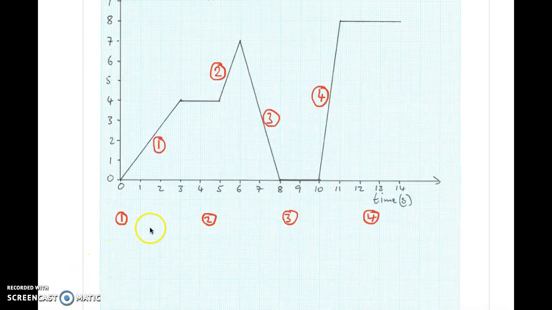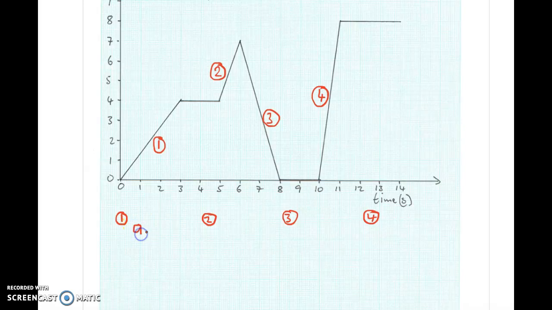So one of the things we might be asked to calculate is the acceleration. If we have a look at the first section, which I've labelled 1, we have the velocity increasing from 0 up to 4 in 3 seconds. So it's accelerating, and we may be asked to calculate the acceleration. The very first step, make sure you put down the formula that you need.